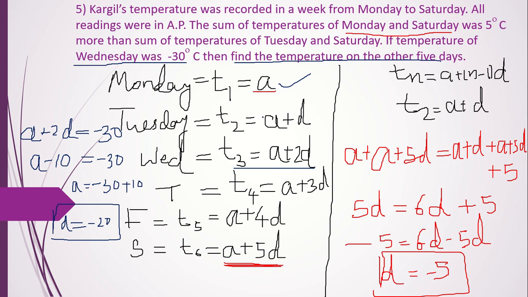Next is minus 20 minus 5, so that is minus 25. Next is minus 30, it's given. Next is minus 35, next is minus 40 and next is minus 45. So see, it is in AP and the temperature is decreasing by 5 degrees every day. The temperatures are minus 20, minus 25, minus 30, minus 35, minus 40 and minus 45.